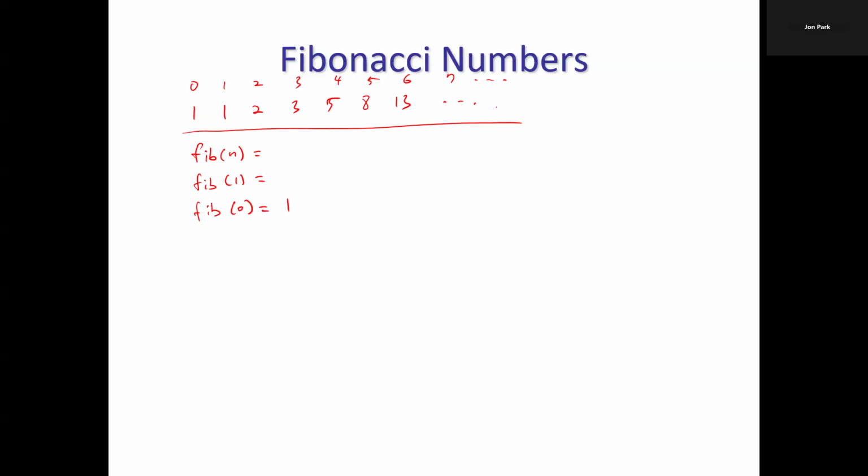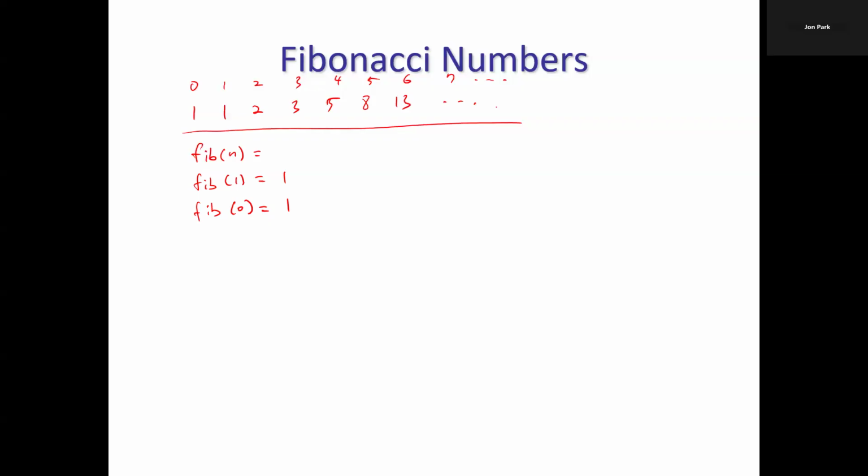Okay, if it's 0, 1, what if it's 1? Also 1. What if it's n? If you pass in n, what should it return? Like n minus 1 plus n minus 2.